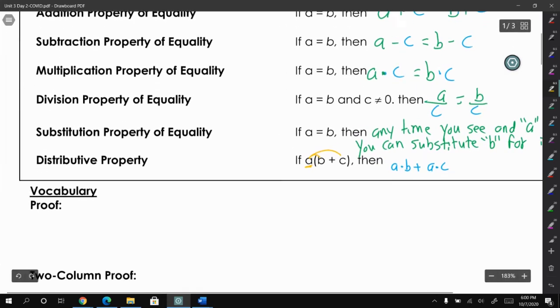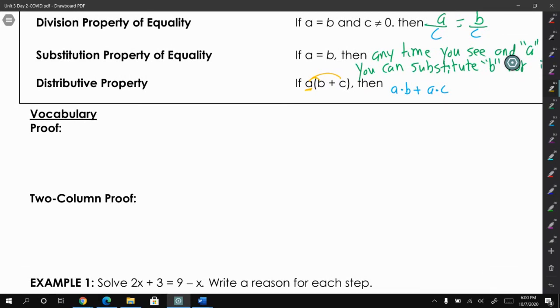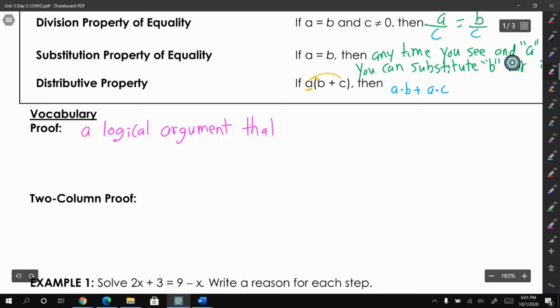So now some more vocabulary. We have the word proof. And what that is, it's a logical argument that shows a statement is true.